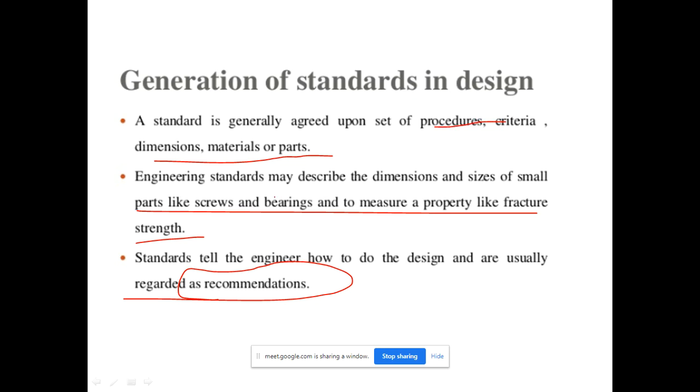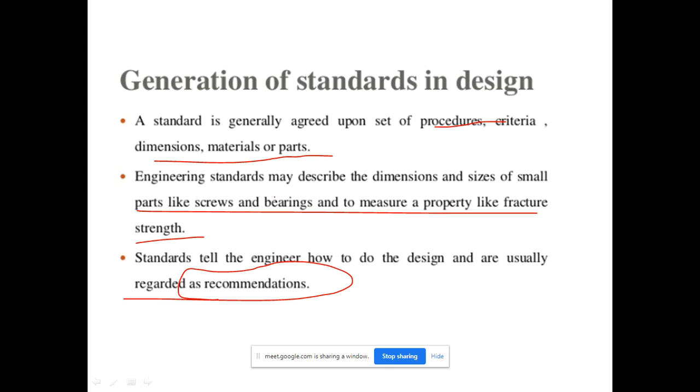Okay, likewise, for example, if you consider you are manufacturing a car wheel. Okay, so wheel manufacturing especially follows some criteria, some norms.